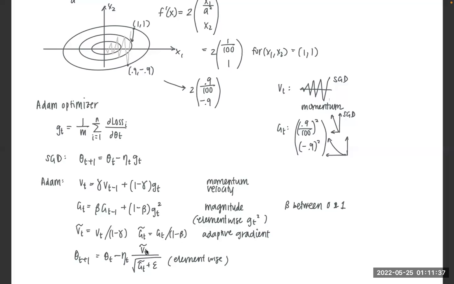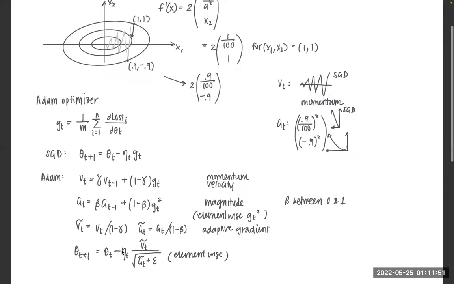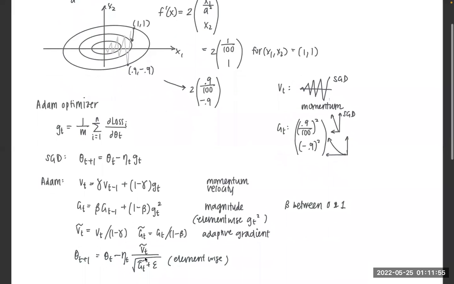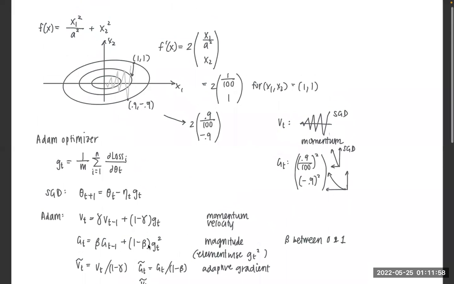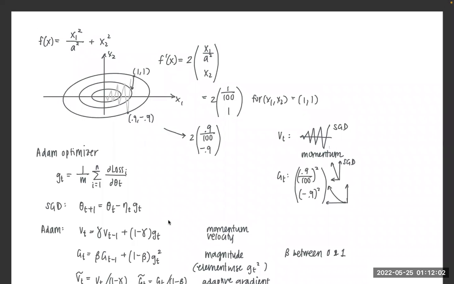So this v_t is the accumulation of recent g_t, and the big G_t is the accumulation of g_t squared, the magnitude. As I mentioned here, you see the magnitude is so small along this direction. So if you divide eta_t by the square root of the magnitude, you're actually making this update bigger, right? So you use a bigger learning rate. So that's the idea.